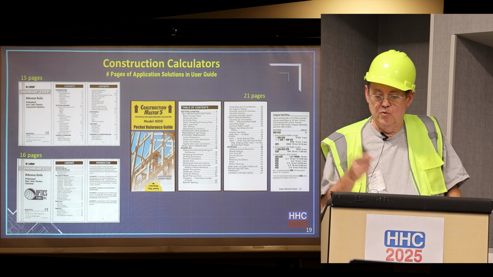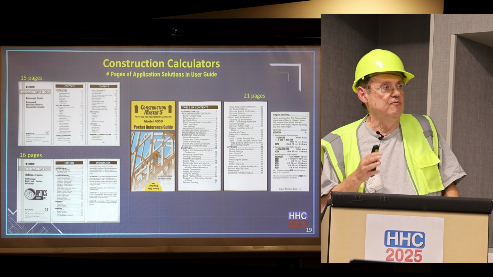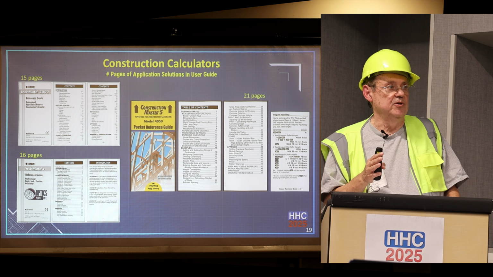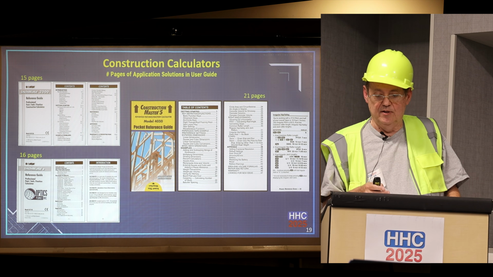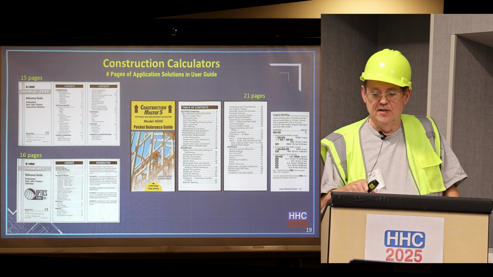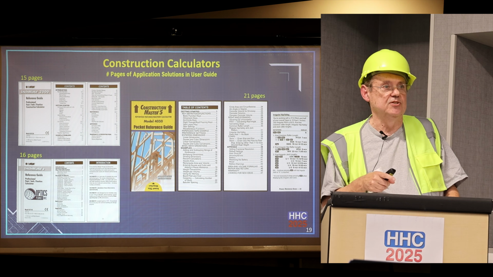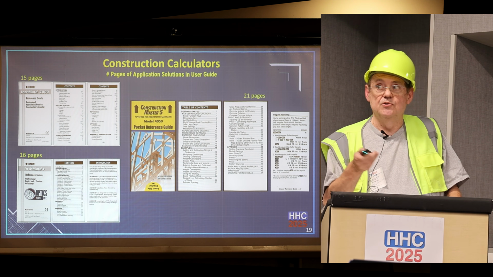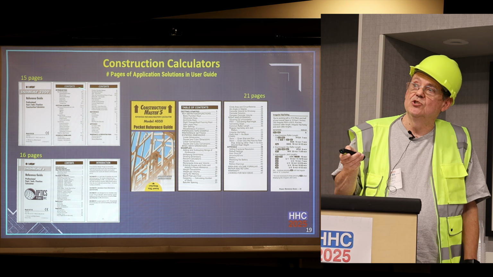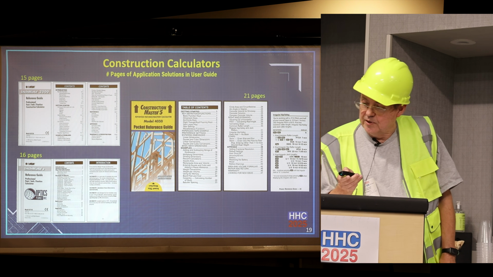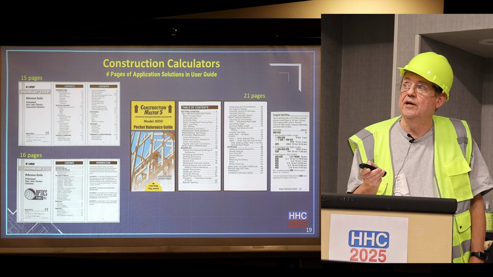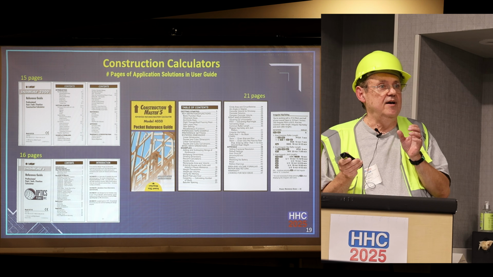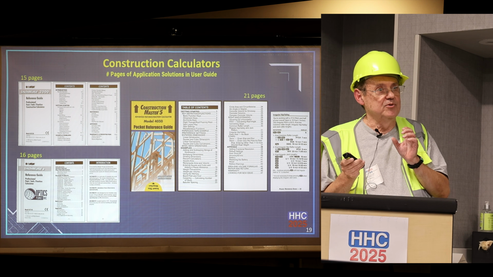So, one value add, it's not only what the calculators do, it's what's included with the calculators. This is the number of pages of application solutions in the user manual. So there's 15 pages in one, 16 in another, and 21 pages in the third. So these are not just examples.